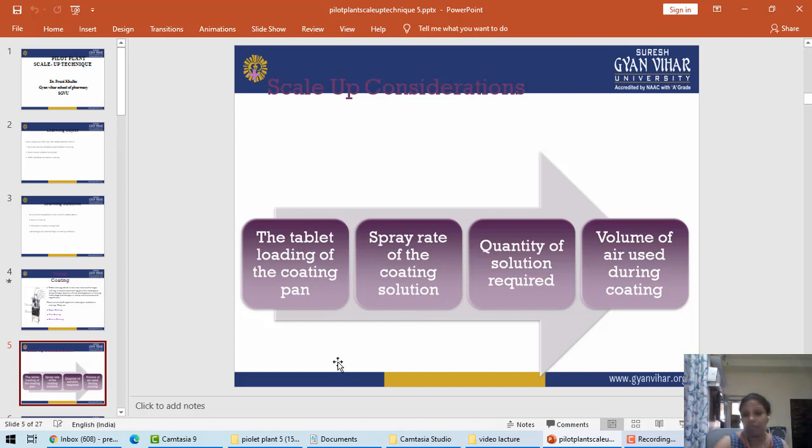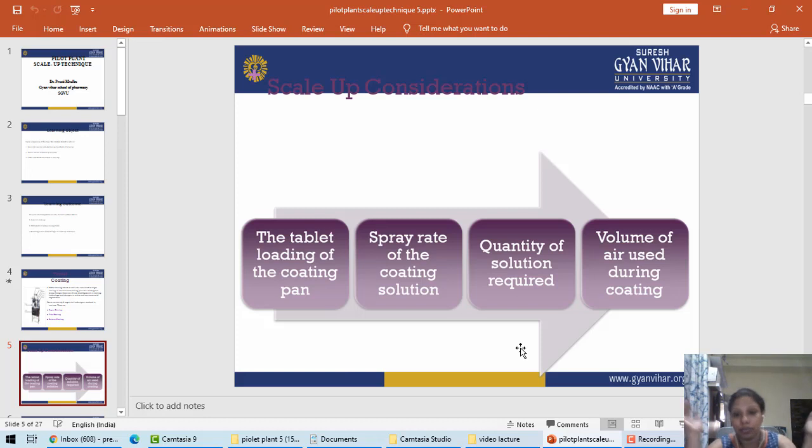If the spray rate is very high, again overcoating occurs. If the spray rate is very slow, undercoating occurs. So a proper optimum spray rate of the coating solution should be there, and it depends upon the type of formulation. So for every formulation it may differ. Now next is the quantity of solution required.